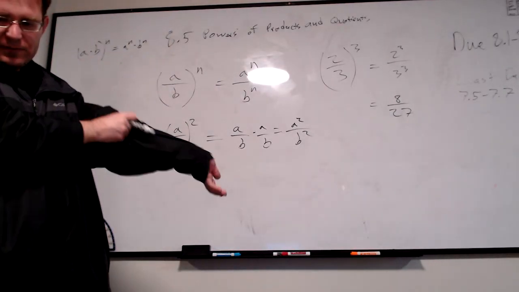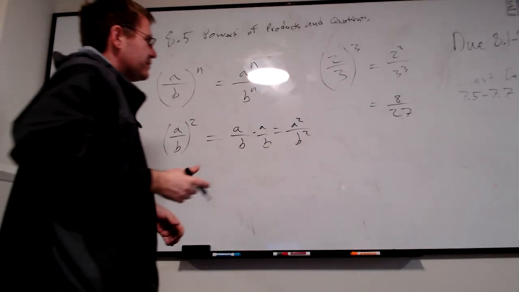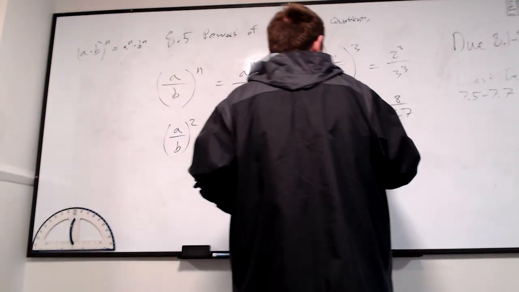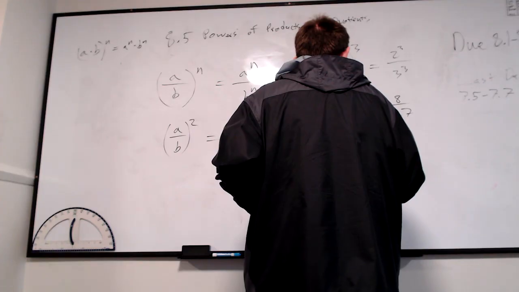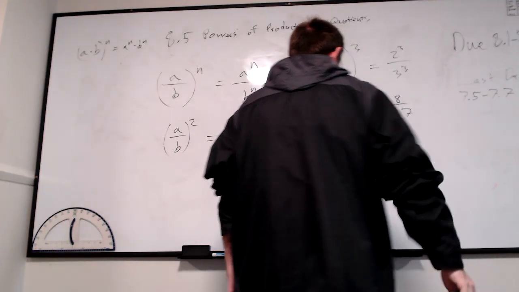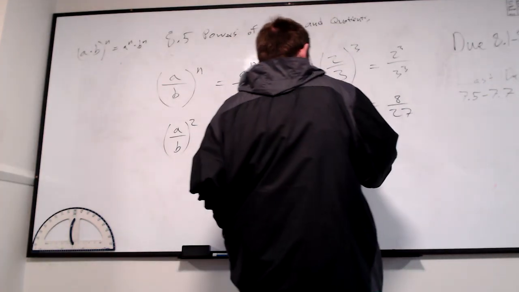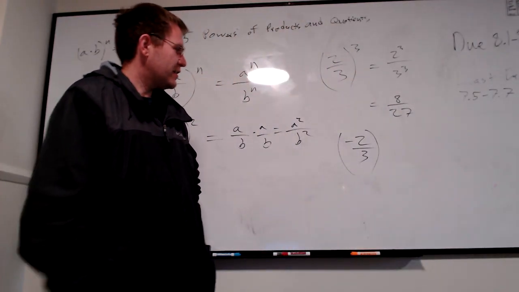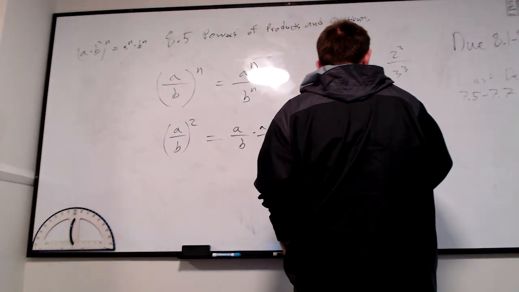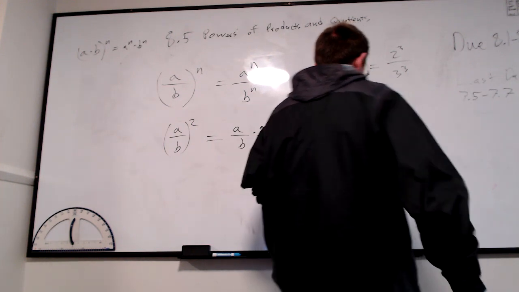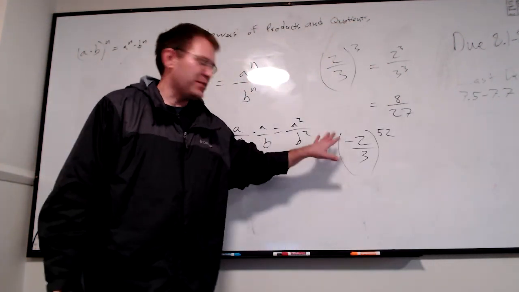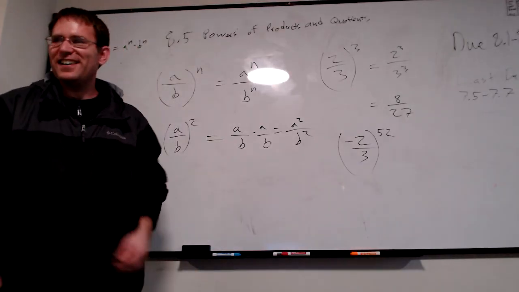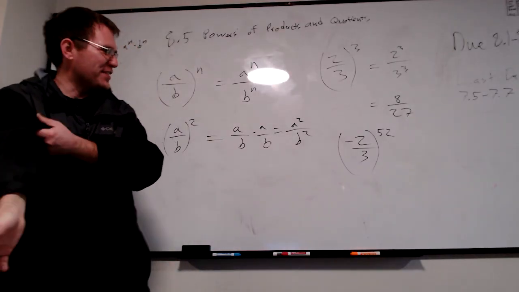Okay, now I want to ask you something. Let's pretend we have negative 2/3 to the power of 52. We didn't do 2/3 to the 52nd, but we did our retirement account for 52 years.